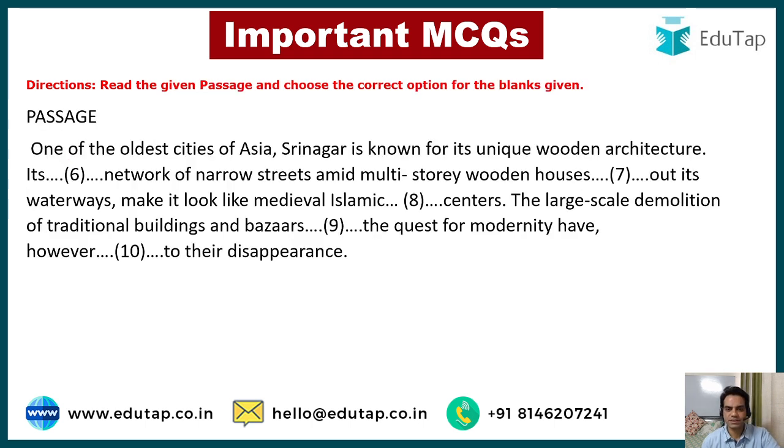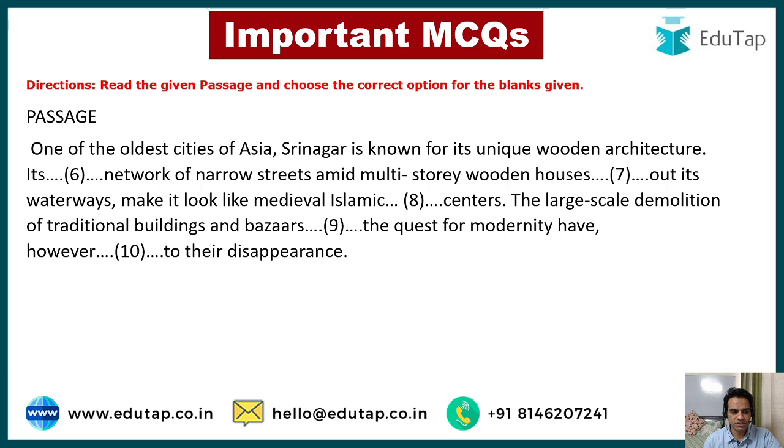Next, I wanted to discuss with you a cloze test. I want you to solve the cloze test with me and let's see what could be the options. So this is the passage given. Let's read the passage first. One of the oldest cities of Asia, Srinagar, is known for its unique wooden architecture. Its dash network of narrow streets amid multi-story wooden houses dash its waterways, make it look like a medieval Islamic dash centers.